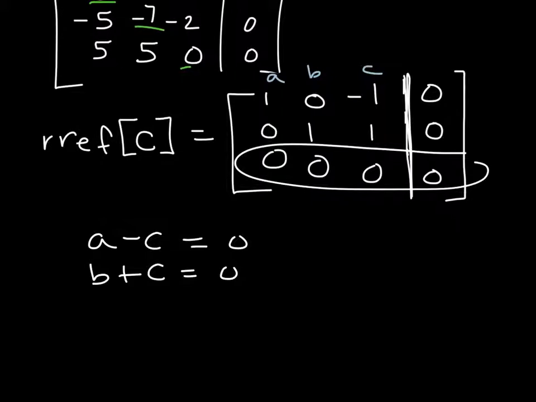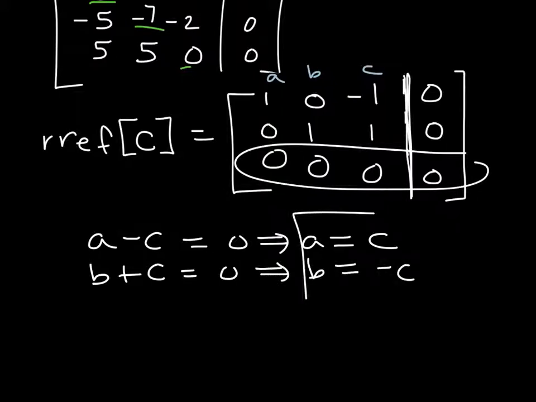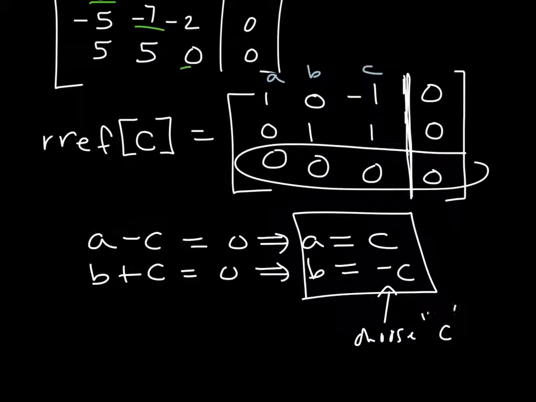We can definitely solve for A in terms of C. So A is equal to C, and similarly, B is equal to -C. This is really nice because now you just have to choose a value for C, and once you choose C, you know what A and B are, because it's right here.